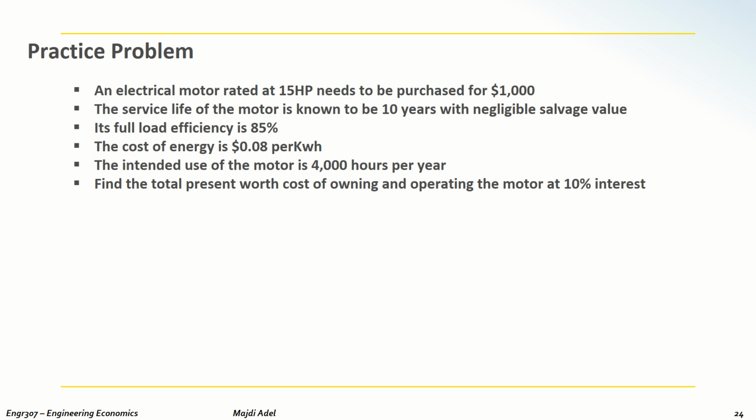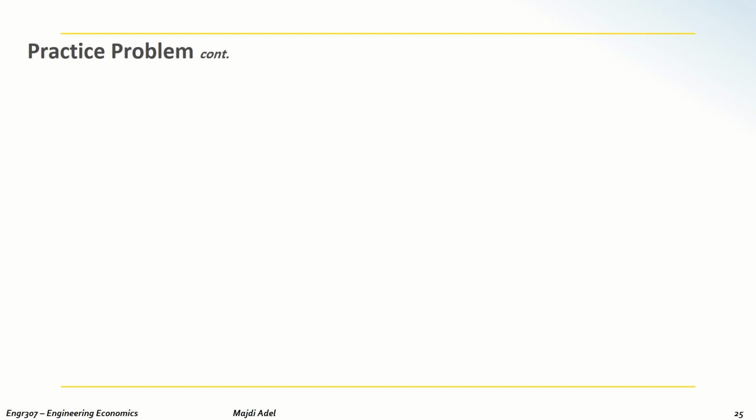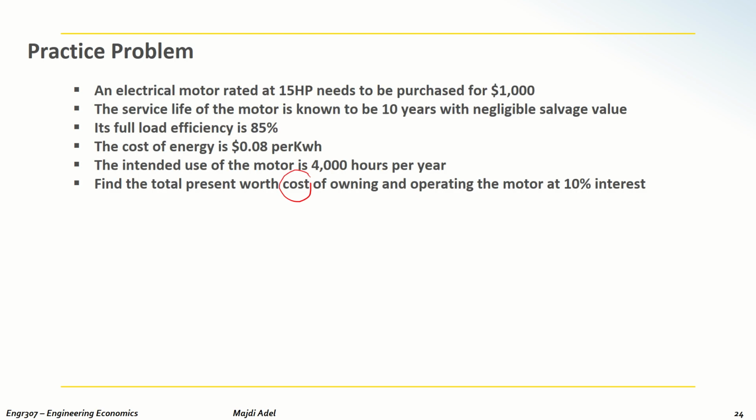Find the total present worth cost of owning and operating the motor at 10% interest rate. We are going to calculate the present worth, but in this case the present worth is going to be negative, and therefore we call it present worth cost.